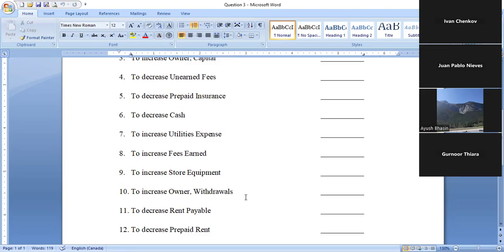Prepaid rent expense. I purposely put this one because a prepaid expense is going to come on your first test. And how can I decrease it? On the credit side, correct.